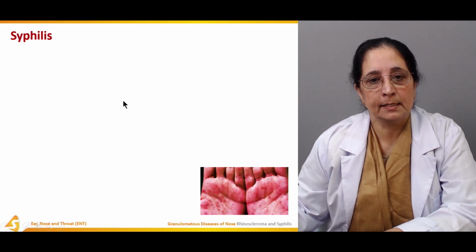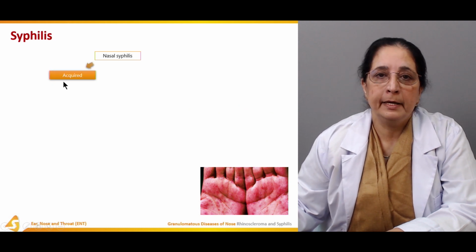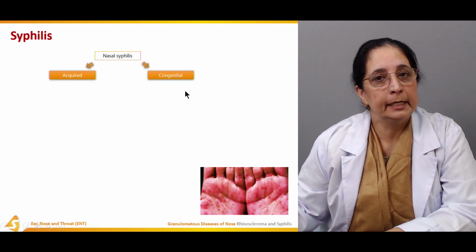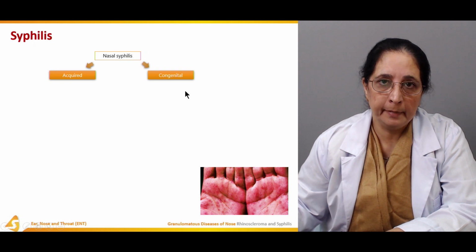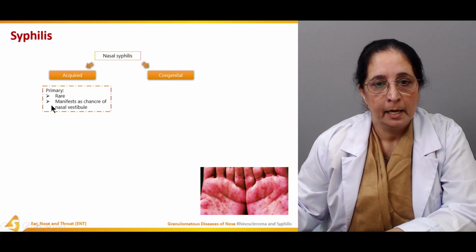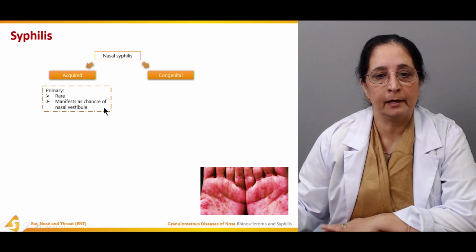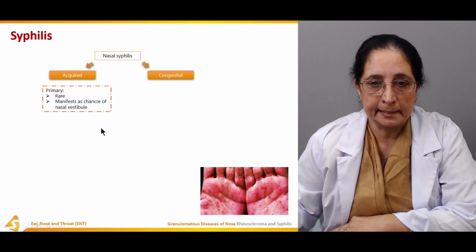Next, syphilis. Nasal syphilis can be acquired or it can be congenital. So it can be acquired, or it can be present at birth, which is congenital. The acquired type of syphilis is primary, which is rare and manifests as a chancre of the nasal vestibule.